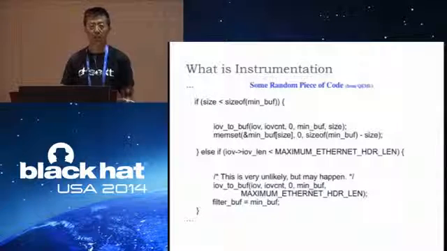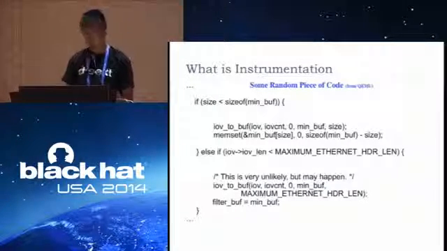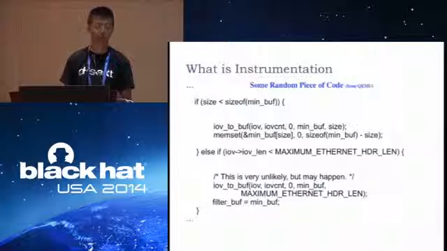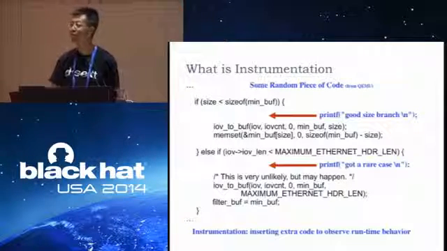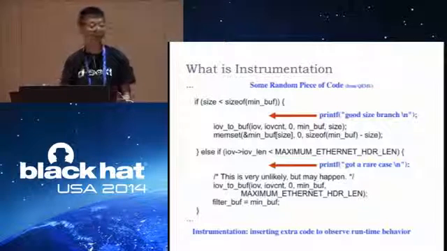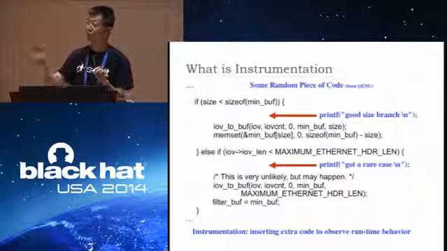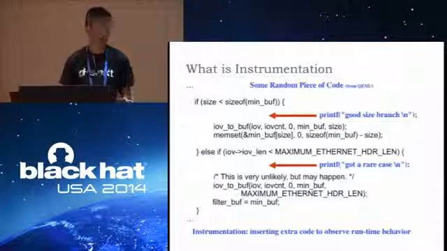For this audience, you can probably figure it out by reading the code and considering the input. For my students, usually when I ask this question, they say, okay, let's add some printf, recompile, and run, and see which branch the output shows it takes. The action of putting in all these printfs is what we call instrumentation.